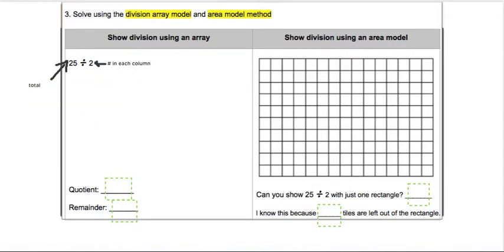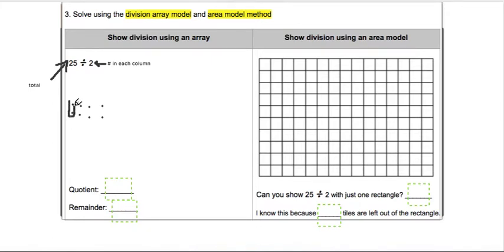So we know we're going to be making columns. How many are going to be in each column? Good, 2. And we're going to keep making columns of 2 until we get as close as we can to 25. Well, there's 1 column of 2. 1 more. 1 more. 1 more.